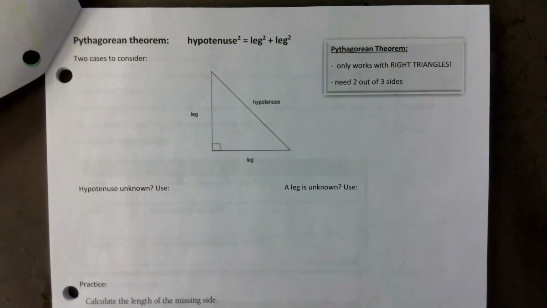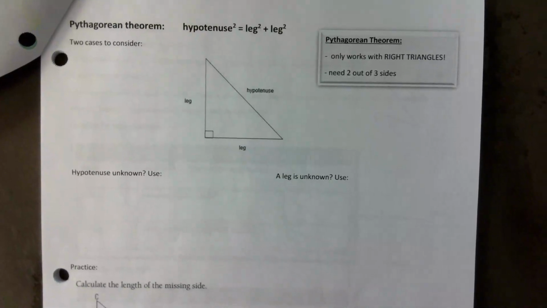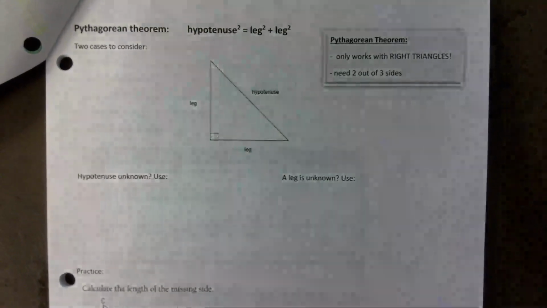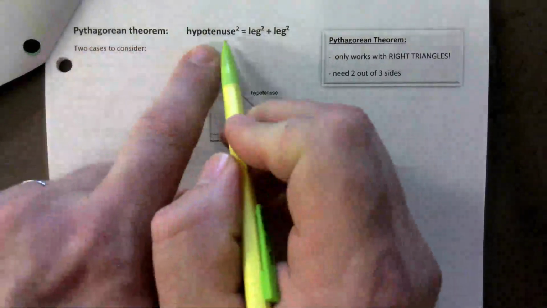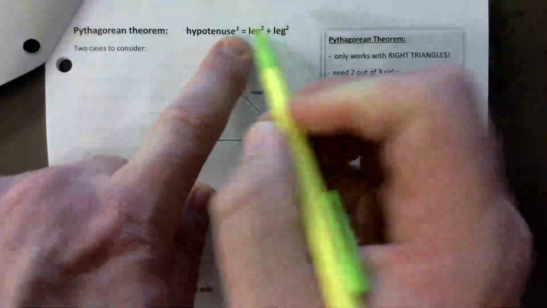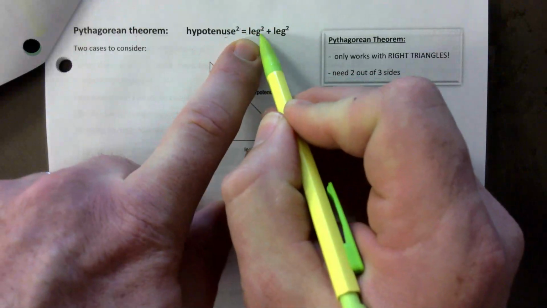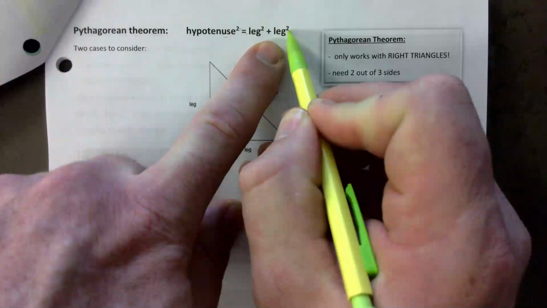Okay, I'm going to teach you the Pythagorean theorem. It's a crash course. This is probably different than most teachers have taught it. I don't like a, b, c. To me it's very confusing. Where's a, where's b, where's c? Instead, the Pythagorean theorem is the hypotenuse squared is equal to one of the legs squared plus the other leg squared.